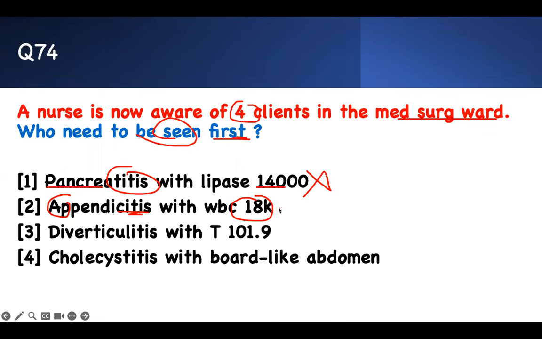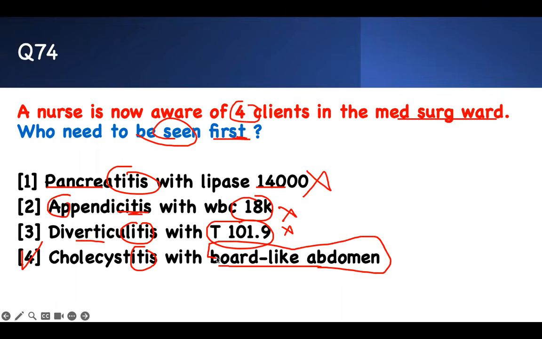Infection. Don't see the patient. Another itis, infection from the diverticulum, is going to have fever. Don't see. So you're left with this. It's an itis, but it's talking about a board-like abdomen. This is a sharp movement. This is peritonitis. I know the patient has cholecystitis, but yes, peritonitis. You need to see this first.